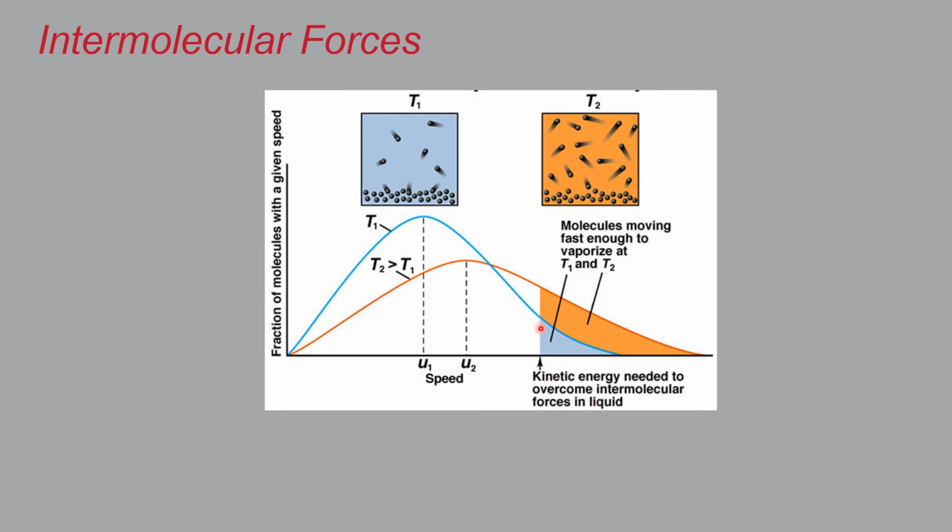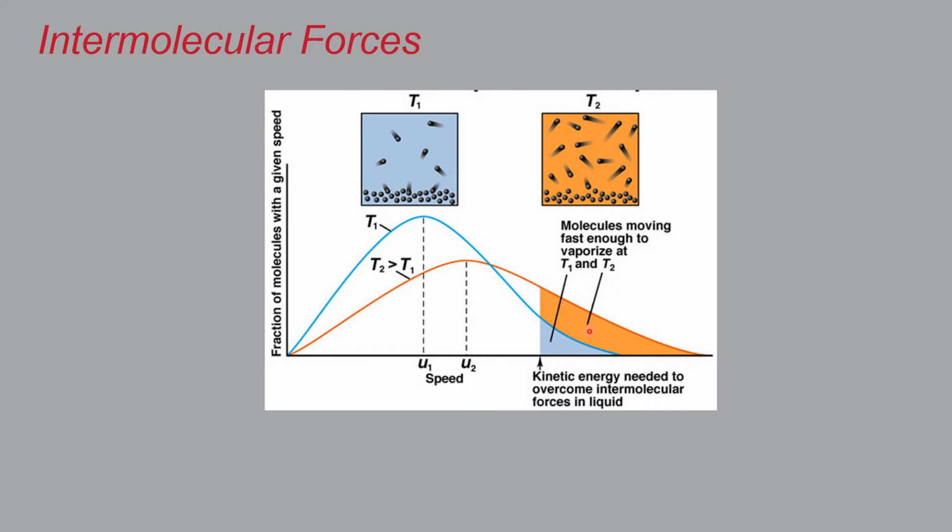So at the low temperature, the number of molecules that have enough energy to escape their neighbors is just the shaded blue area here. And at a higher temperature, T2, the number that have that sufficient energy is this entire orange shaded area, and actually the blue one, so it's this entire triangle-shaped piece, which is clearly much more.